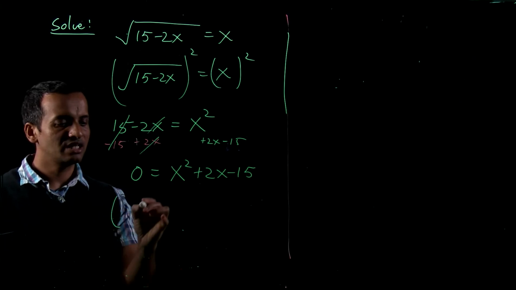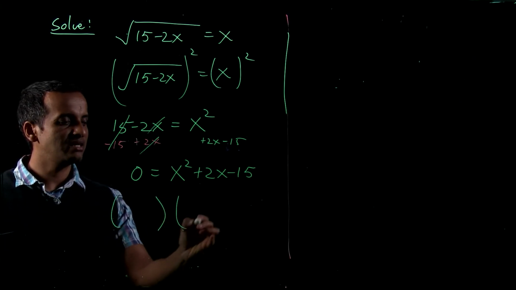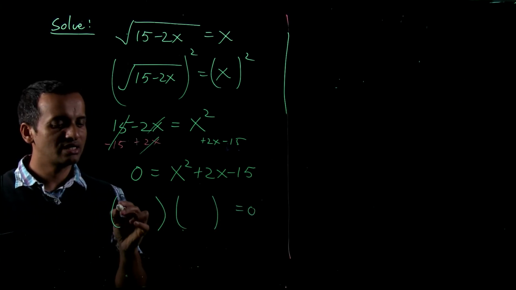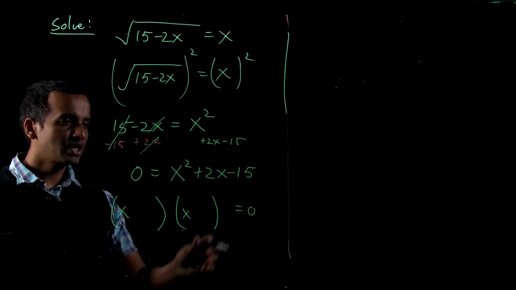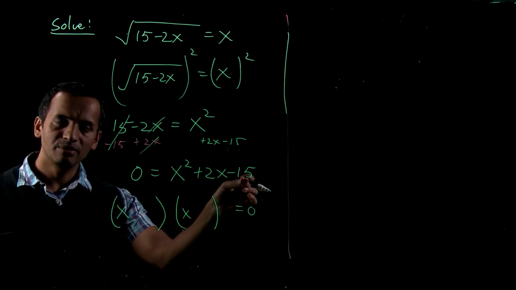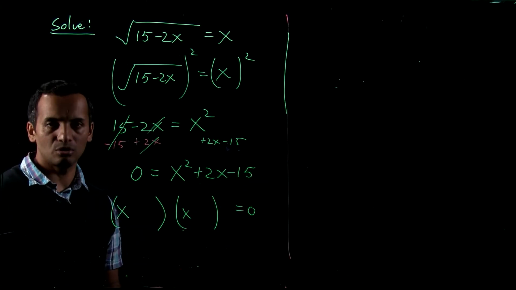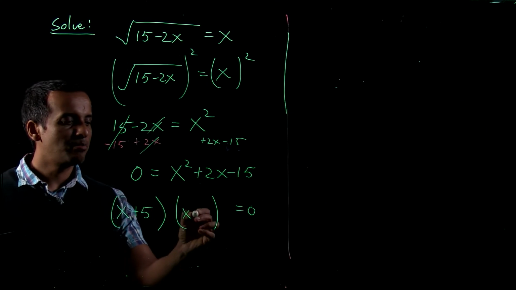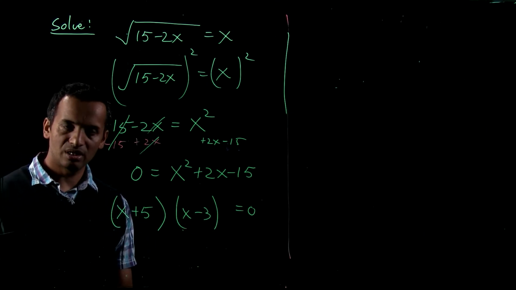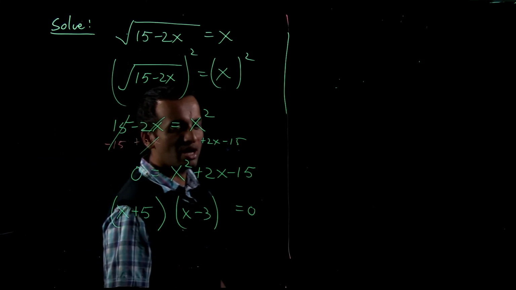Now we want to get two factors. Let me write all those terms on the left side and 0 on the right side. You write x. What are the two numbers whose product is negative 15 and sum is positive 2? Those two numbers are plus 5 and minus 3.